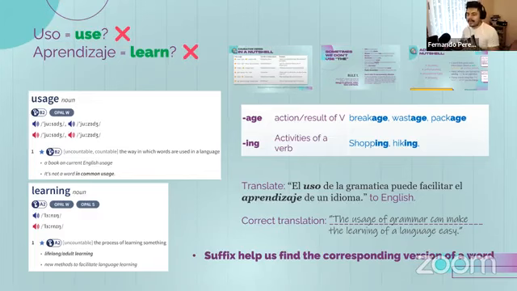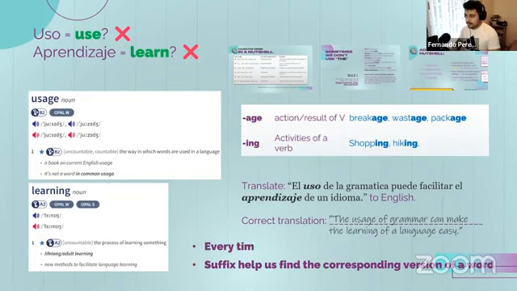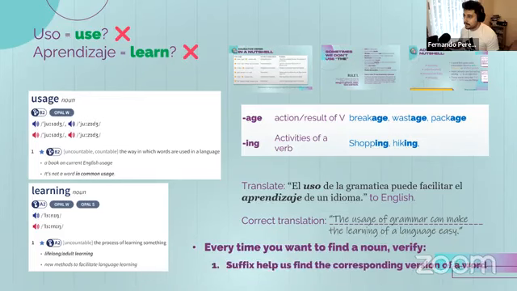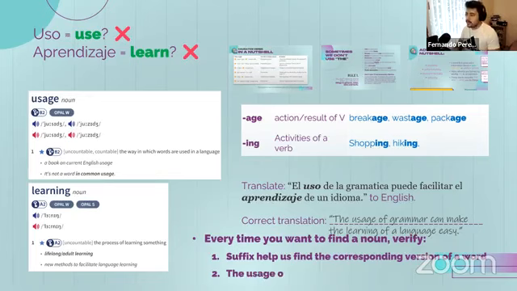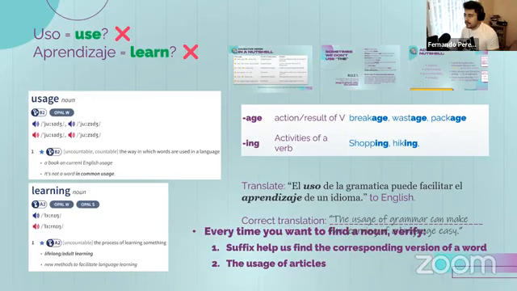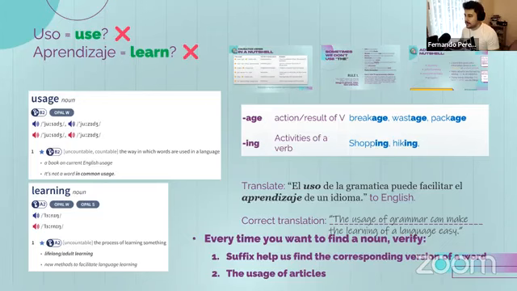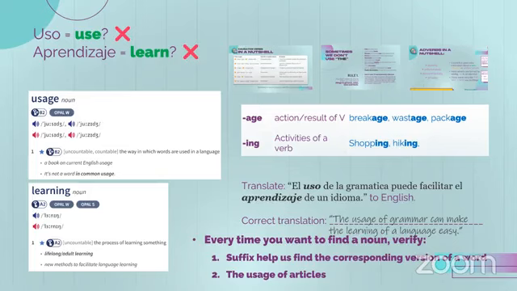Whenever you want to find a noun, verify, number one, the suffix that can correspond to the specific word, usage of articles, and of course, that's the most important. Very, very important stuff.